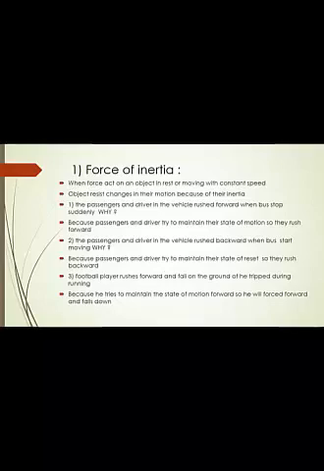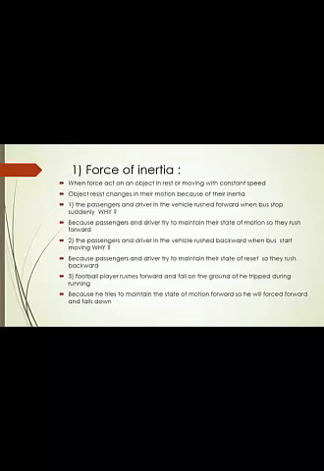The second example: passengers and driver rush backward when the bus starts to move. Why? Because they try to keep their state of resting, so they rush backward as an effect of inertia.